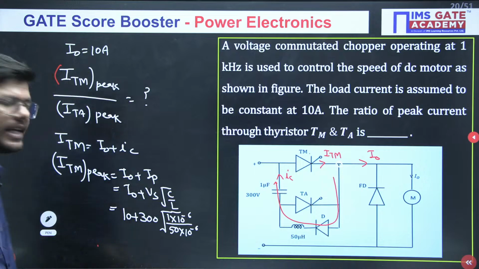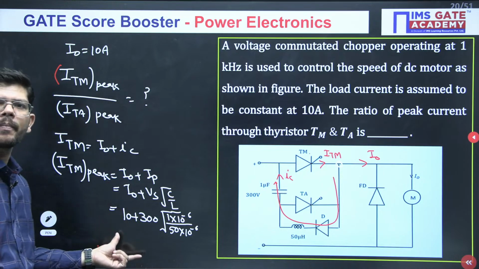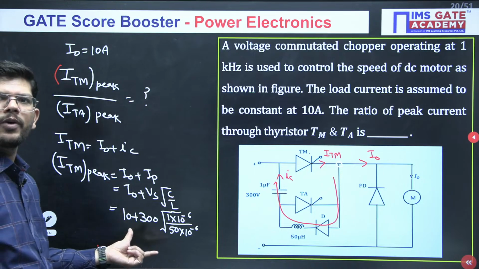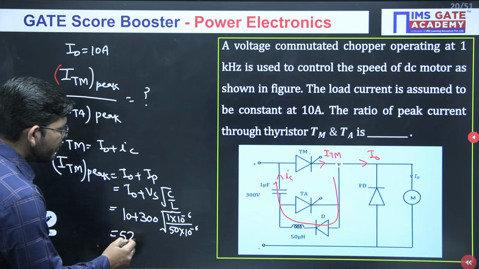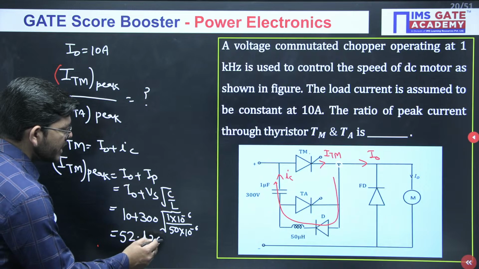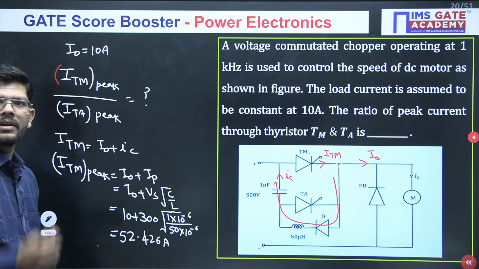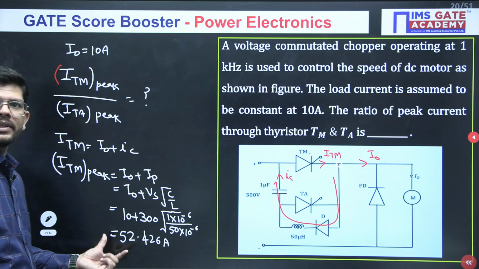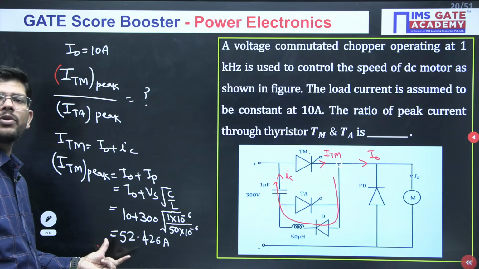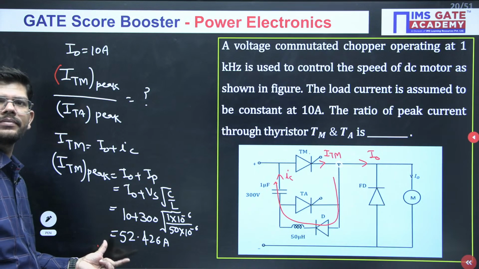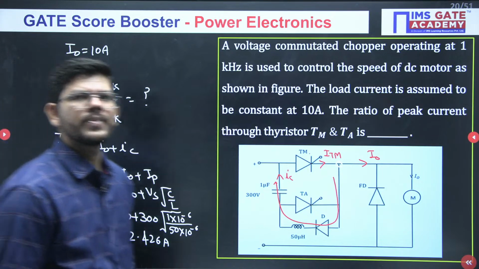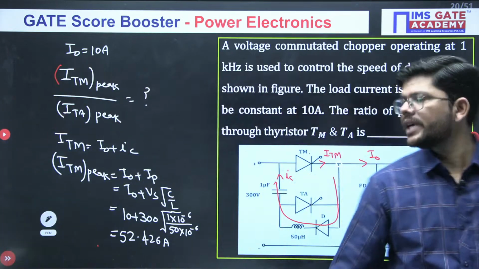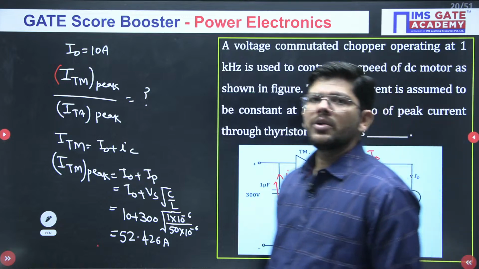Nilmesh and Divya, what value are you getting? 52.426. Divya, you are getting the same value as well? 52.426 ampere. Is this correct? Okay, this is what Nilmesh is getting. Divya, just confirm it. So this is how you will calculate ITM peak.